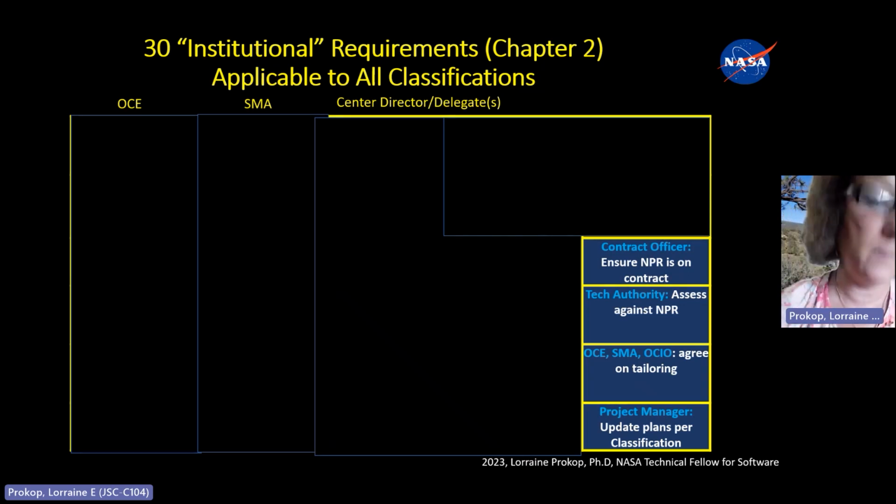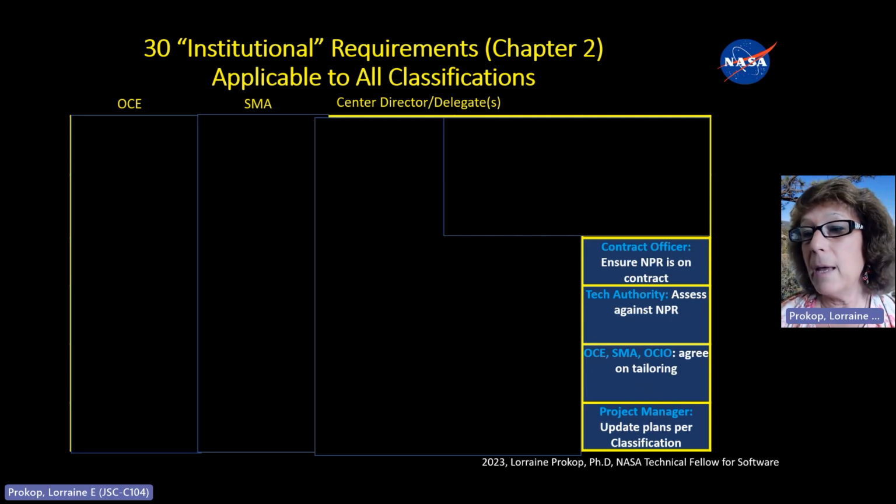Now, the tech authority in this case is normally two tech authorities, the software engineering and software safety and mission assurance. And then there's a statement that if tailoring has to go beyond the center level, then these organizations, OCE, SMA, and the Office of Chief Information Officer, they all agree on the tailoring.